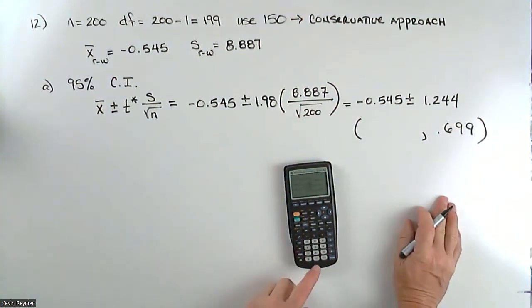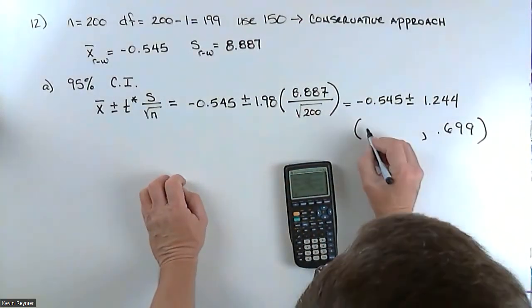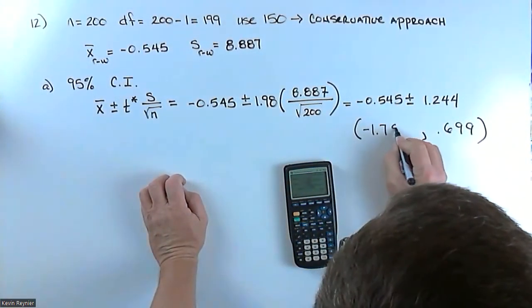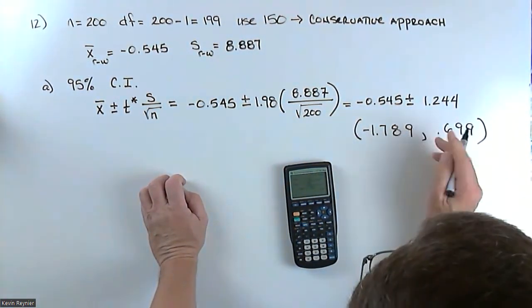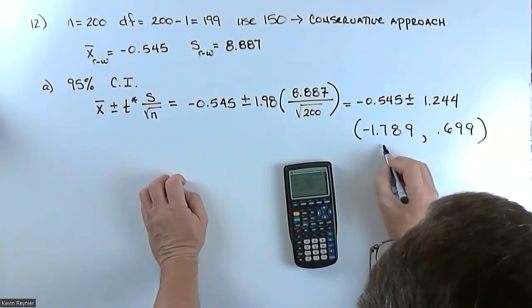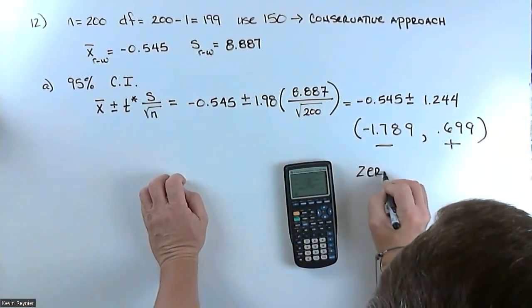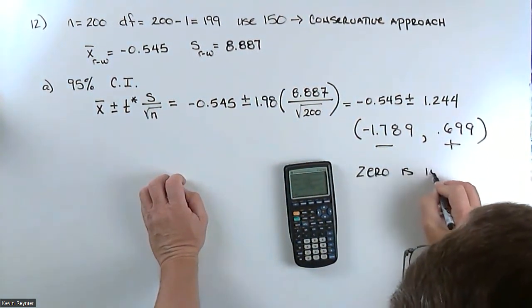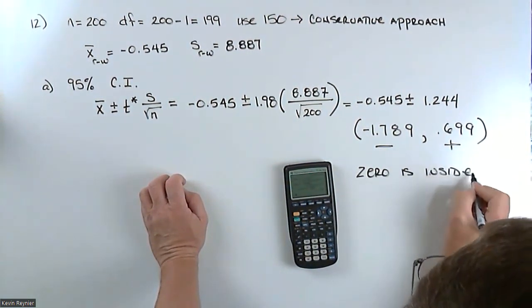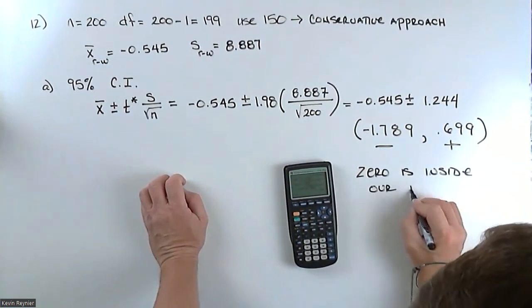And if we go the other way, we have negative 0.545 minus 1.244, and that's going to be negative 1.789. And look, this is negative, this is positive, 0 is inside our interval.